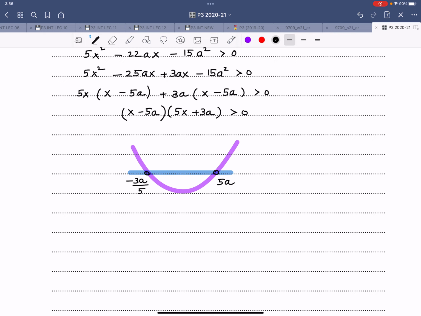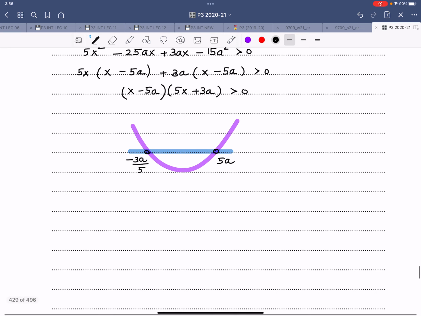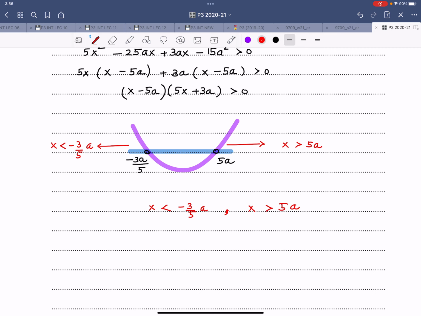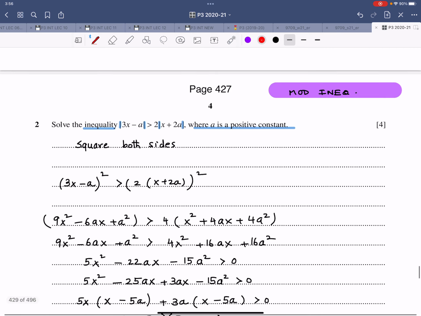Now, since we are looking for greater than 0, you end up with two answers, one on the extreme right and one on the extreme left. Extreme right, x is greater than 5a. Extreme left, x is less than minus 3/5 a. So write both the answers with a comma in between. x is less than minus 3/5 a, comma, x is greater than 5a. So this is the answer for question number 2.